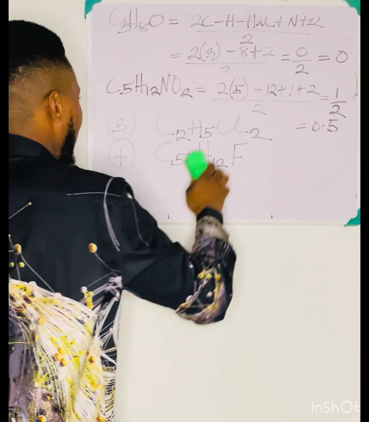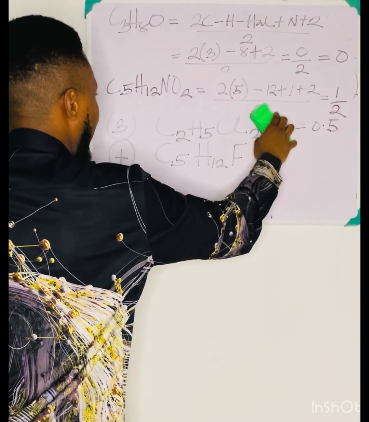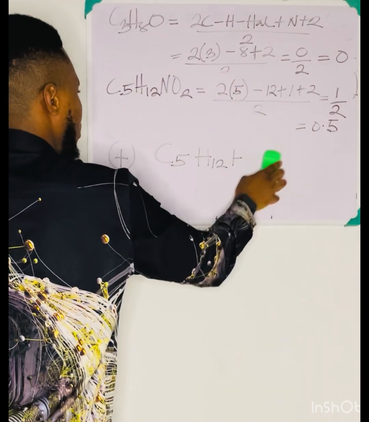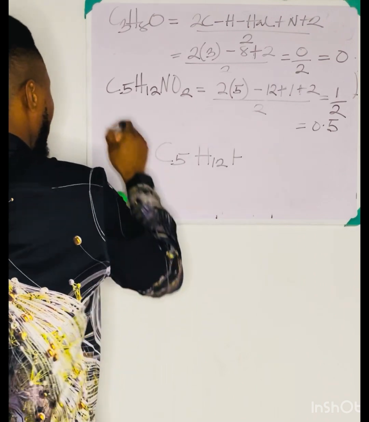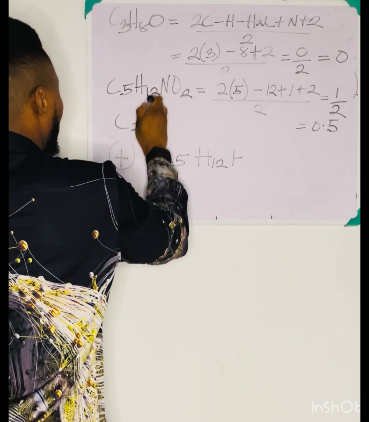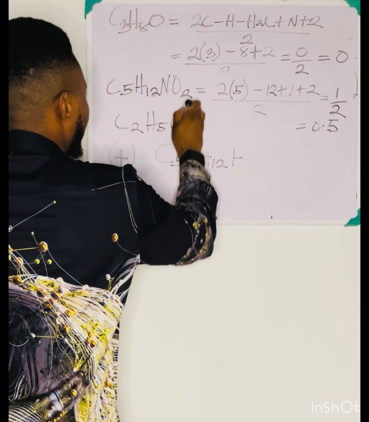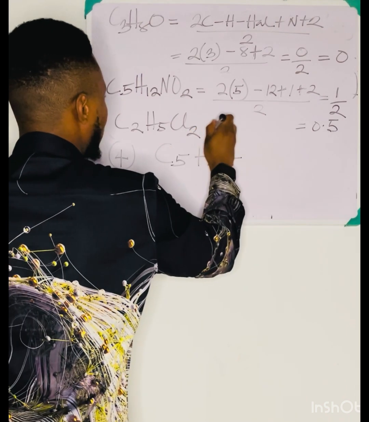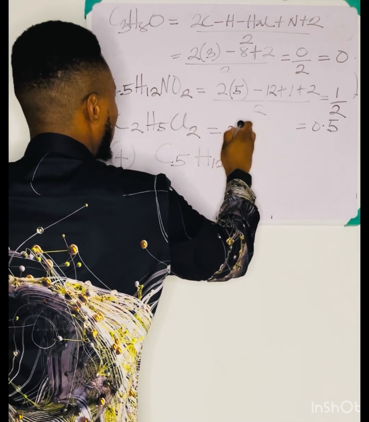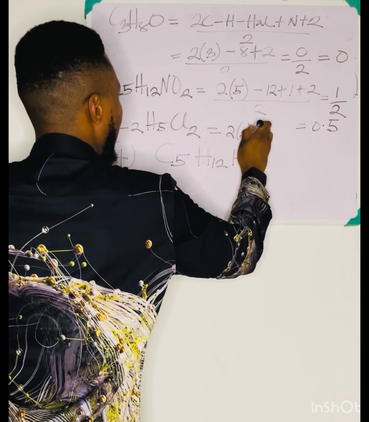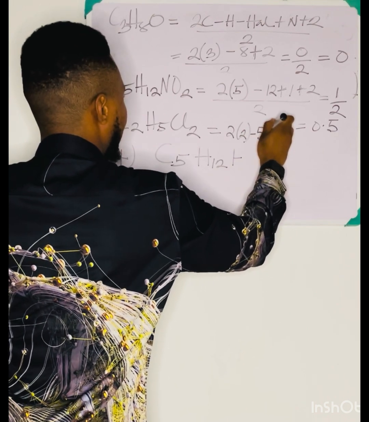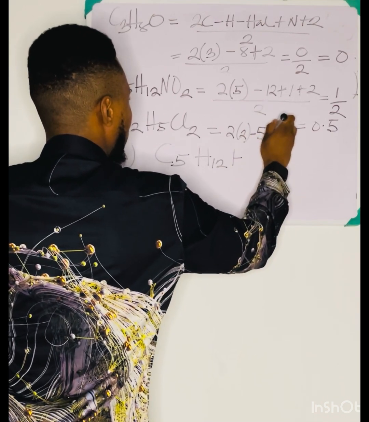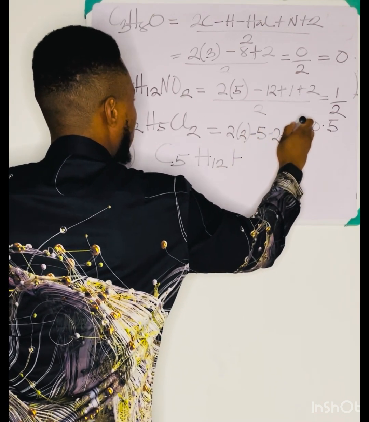So now let's look at the next one, C2H5Cl2. So this will be 2 times 2 minus 5, then minus 2 plus 2.